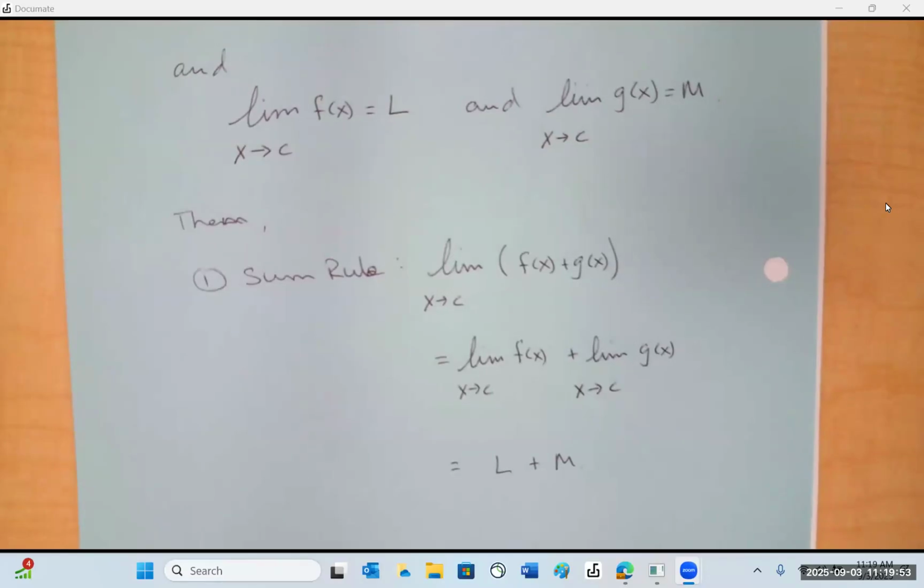Well, if we have an equation that has two terms added together, we can split them up and do them individually.